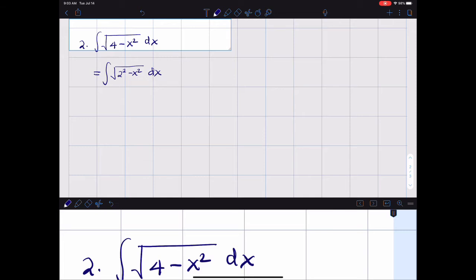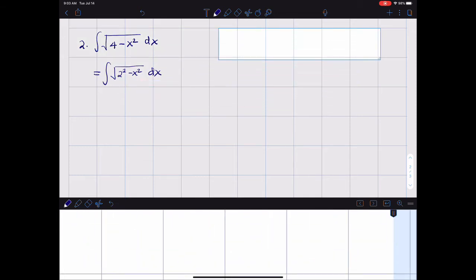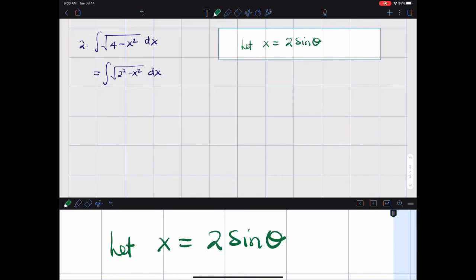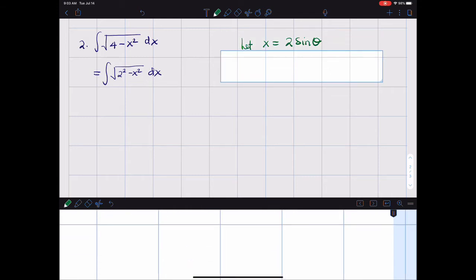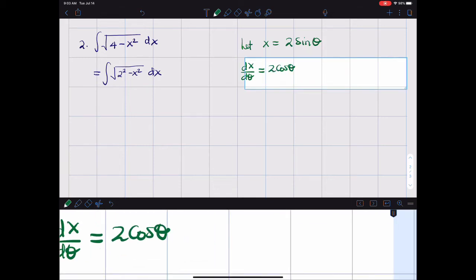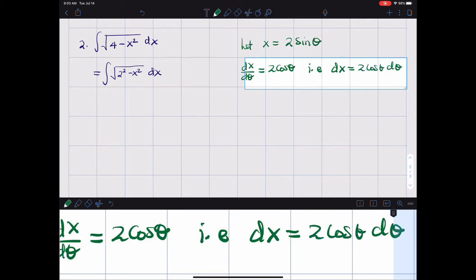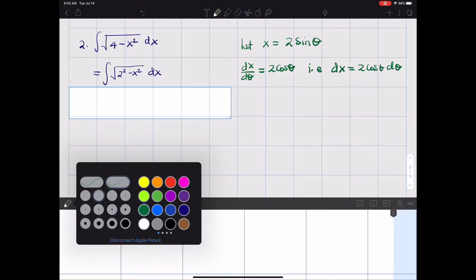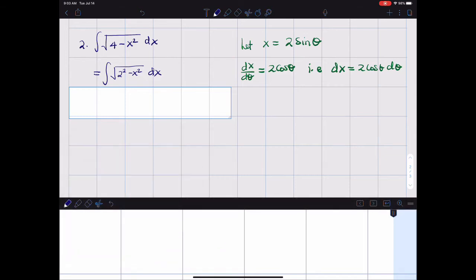So let's go ahead and try that. Let x equal 2 sine theta. If that's the case, dx d theta is equal to 2 cosine theta, so that we get that dx is equal to 2 cosine theta d theta. So now our goal is to change everything to theta.